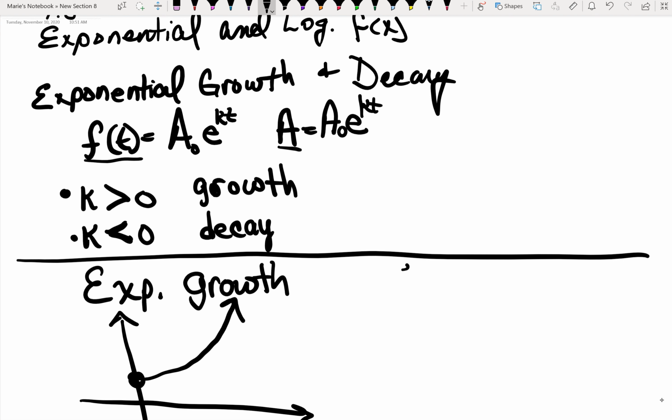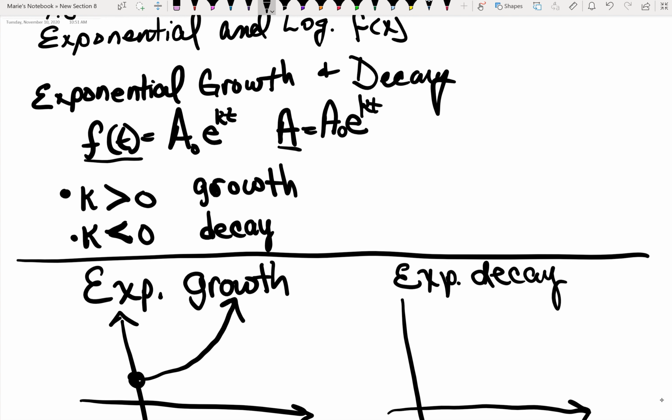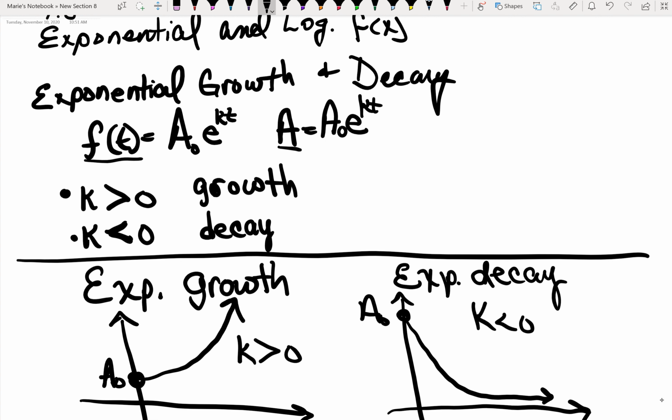If it is an exponential decay, then in the same notion, we have our first quadrant going like this, and our a sub 0 would be somewhere here. Remember, this is a sub 0, as is this. And basically this is decreasing in this direction. So the arrow is pointing that way. And so this would be an example of a k less than 0. This is an example of k greater than 0.